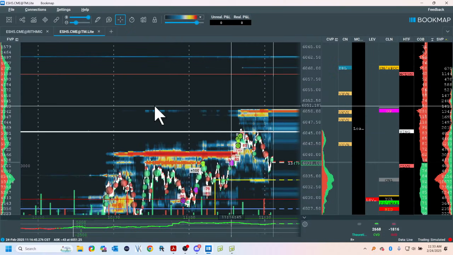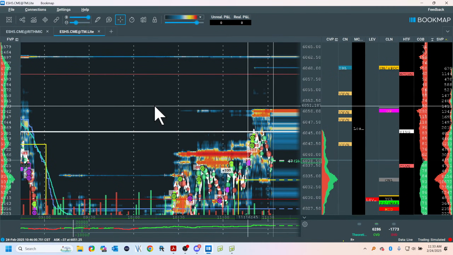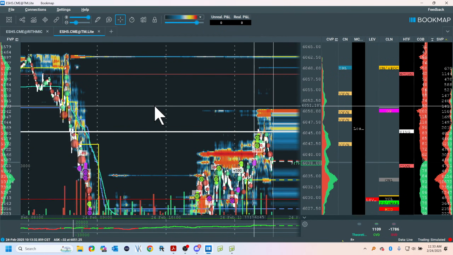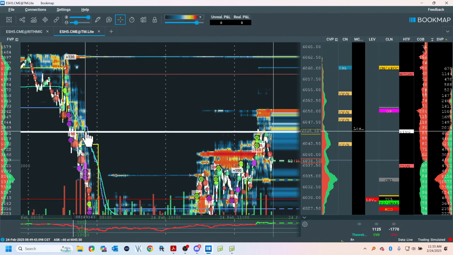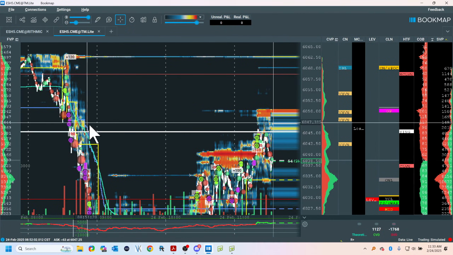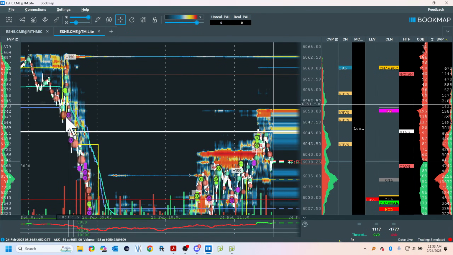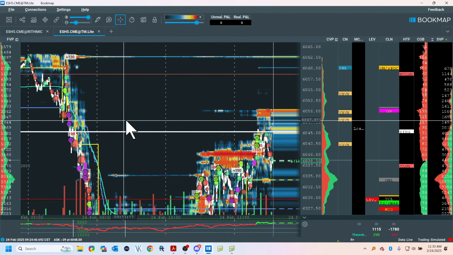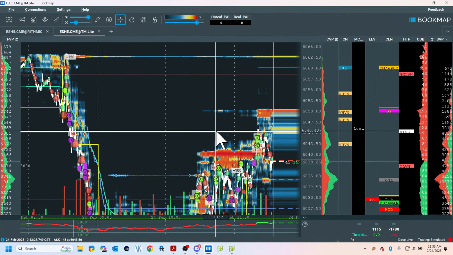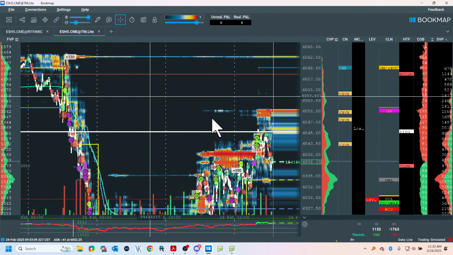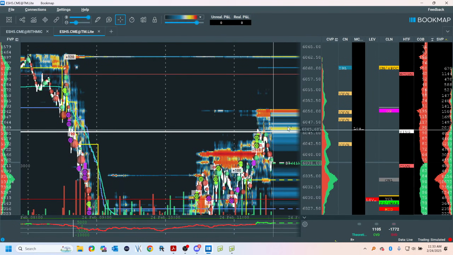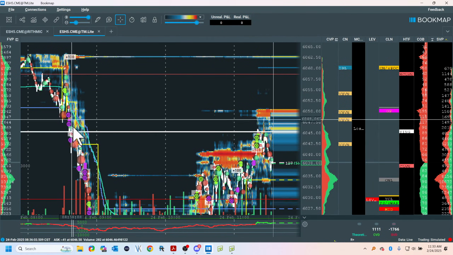So the problem is, of course, where is the outside edge? This is a low volume area because we ripped. It's not auctioned. The potential for the market is to come back and fill it. And we'd look for stops up in here.